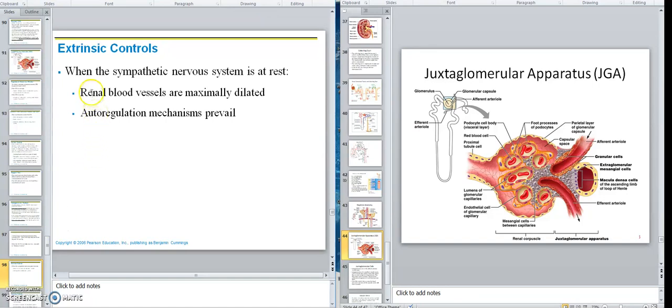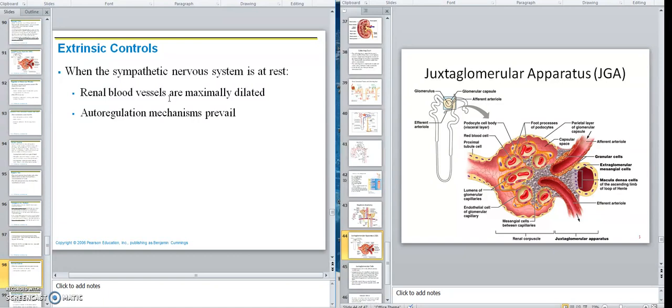Okay? Extrinsic controls. When the sympathetic nervous system is at rest. Remember, going to the kidney, we already said you really don't have parasympathetic, you have sympathetic. The sympathetic nervous system is the fight or flight nervous system. Making urine is not a fight or flight deal. So under stress or high sympathetic activity, you shut the kidneys down. When there's low activity going to the kidneys, you turn them on.